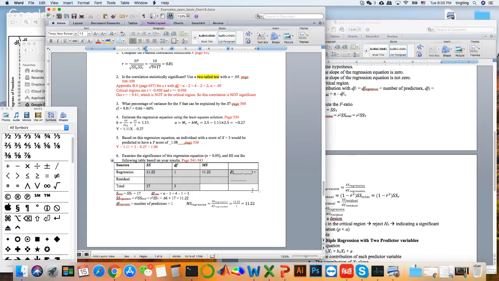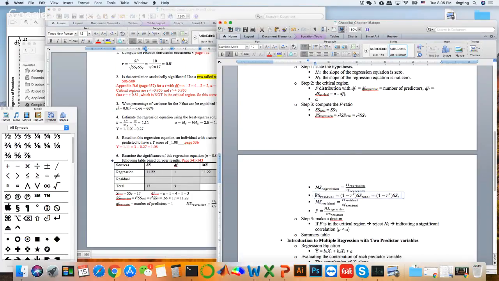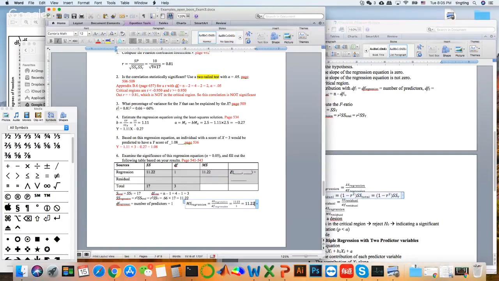And this one, the residual part. You can use this formula to compute. Also, you can just use simple subtraction.